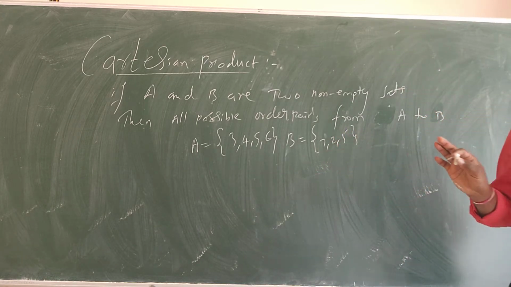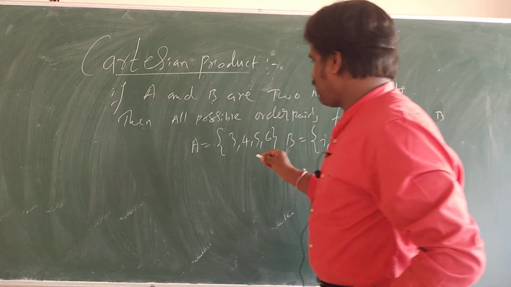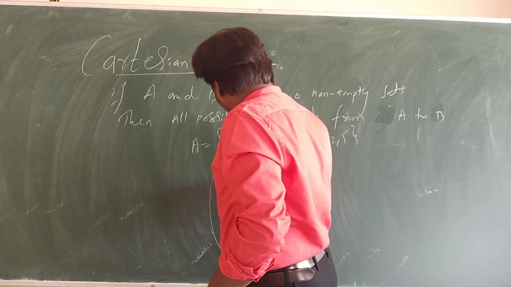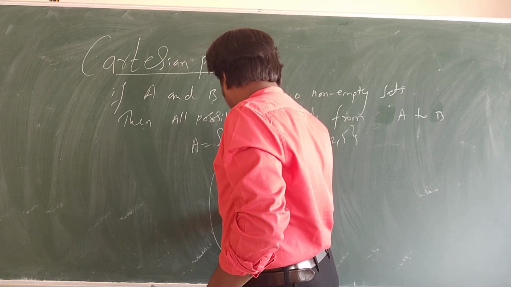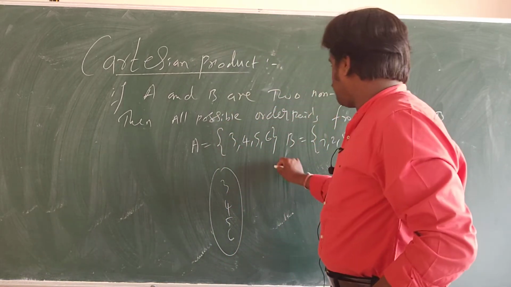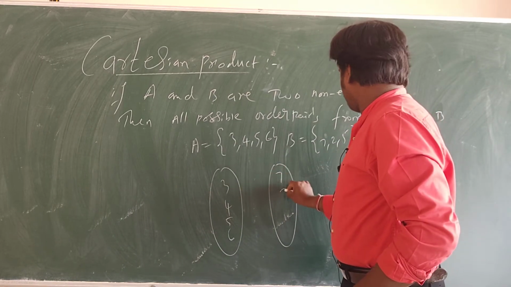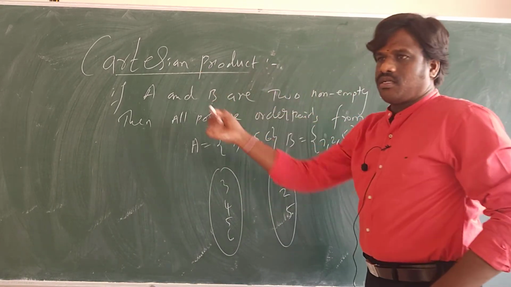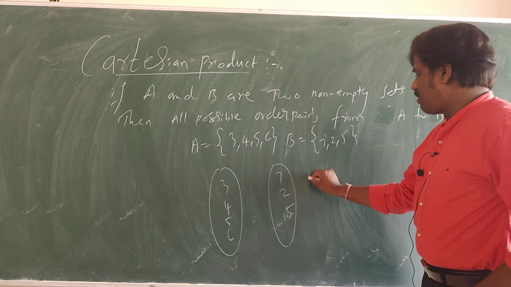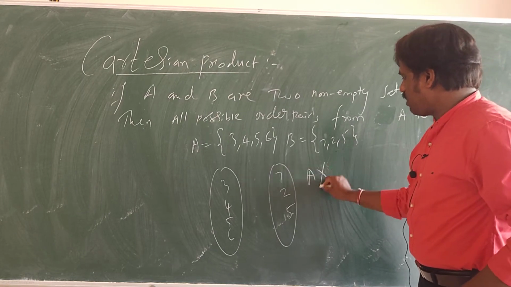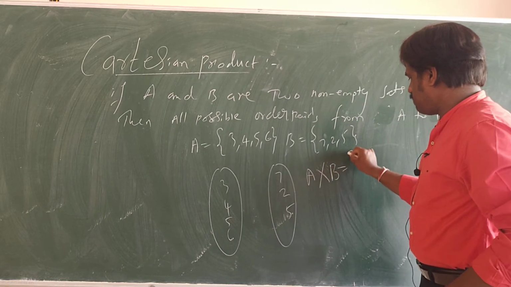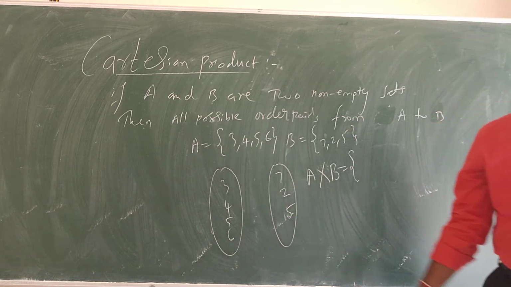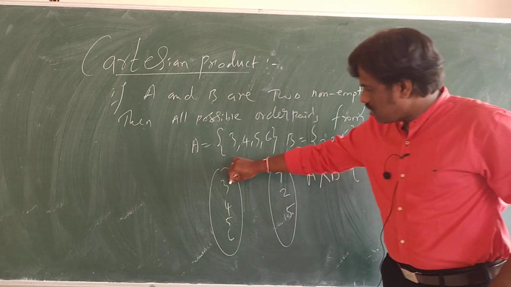Here A is the set with 3, 4, 5, 6, and B is the set with 7, 2, 5. The possible ordered pairs from A to B are denoted by A cross B.